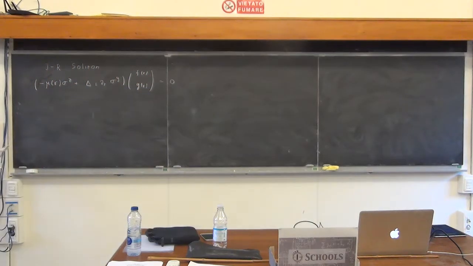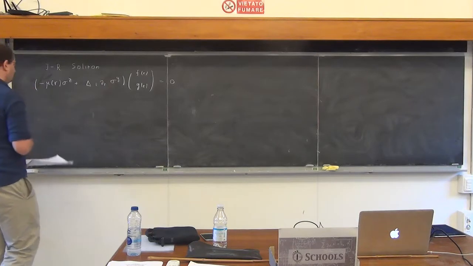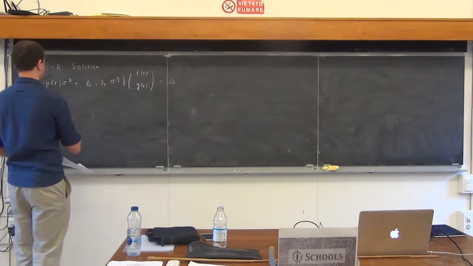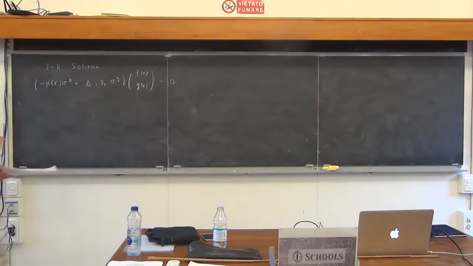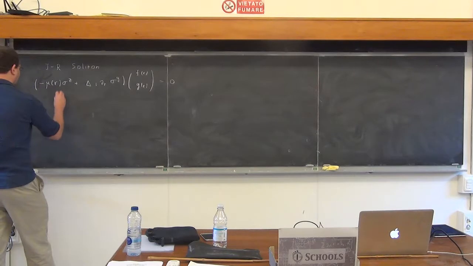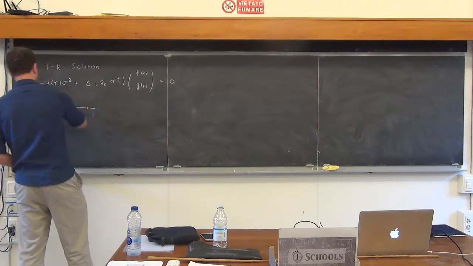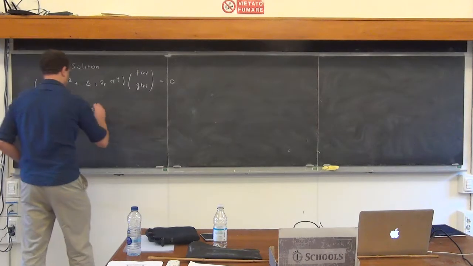This zero energy solution can actually be found explicitly without assuming anything about the profile of the mass. I'll leave that as an exercise. As a hint, just multiply this equation by sigma_y. Then you just solve a scalar equation, and you can show that if the profile of mu of r is such that, okay, this is mu of r, and this is r.